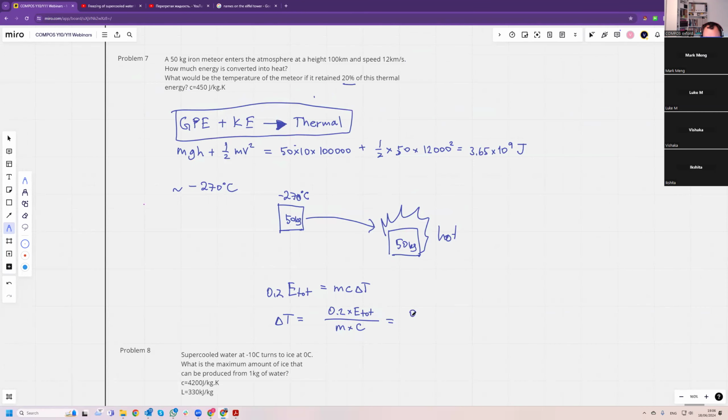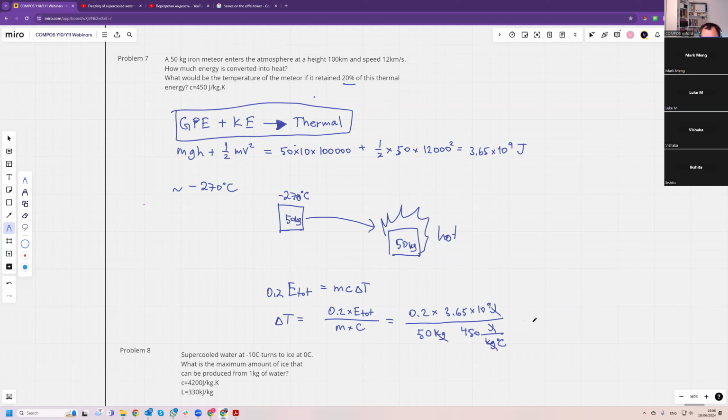And this is 0.2 multiplied by 3.65 times 10 to the 9 joules divided by the mass, which is 50 kilograms, and C, which is 450 joules per kilogram per Kelvin, well, per Celsius. Let's keep it Celsius. It doesn't matter which one you use.